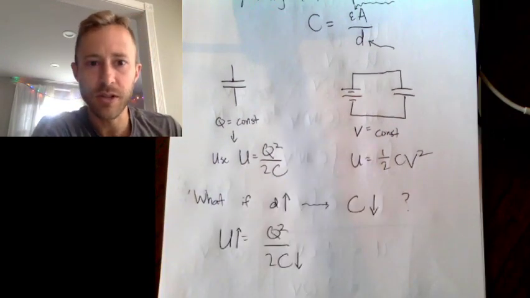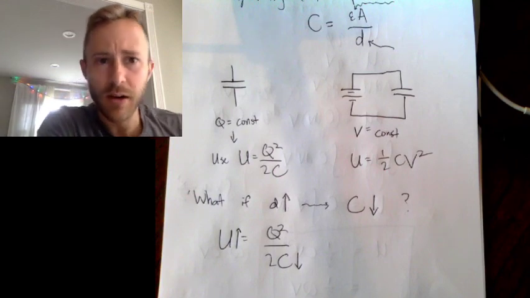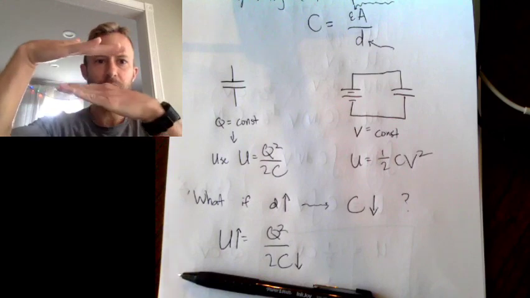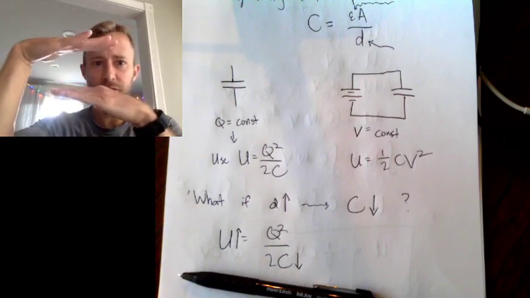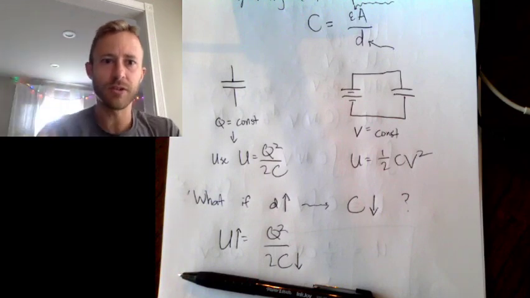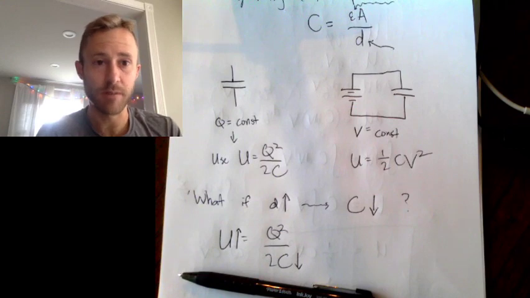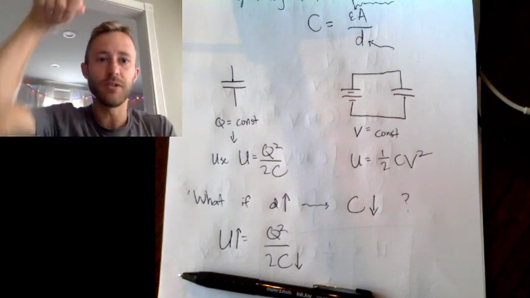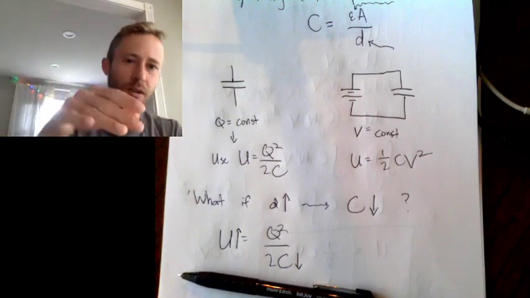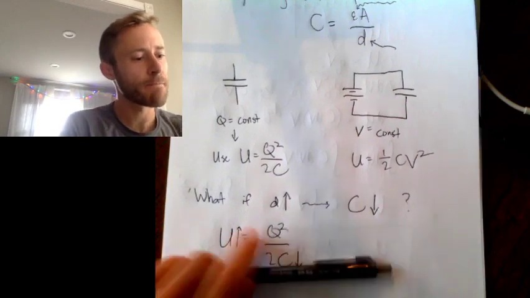So the potential energy stored in the capacitor goes up. One way to understand this is that the capacitor plates have equal and opposite charges, so they're attracting each other. If you're pulling the capacitor plates apart, you would have to do work. It would take effort to pull these capacitor plates apart. And so the work that you do becomes electrical potential energy.